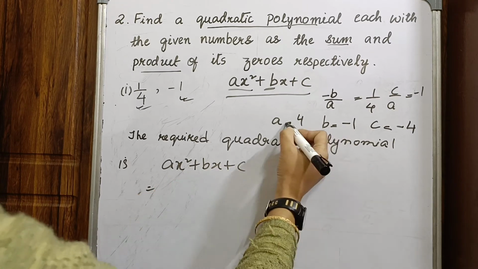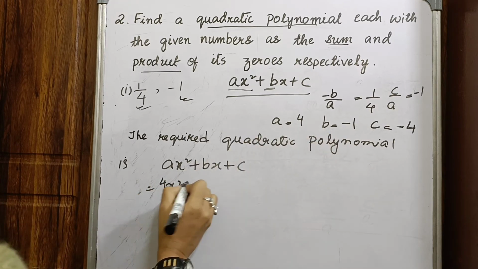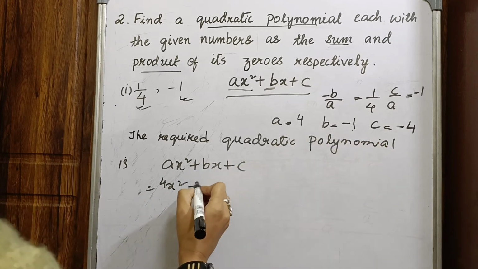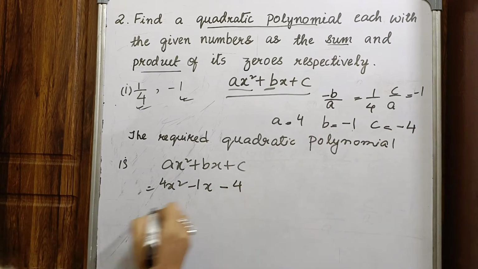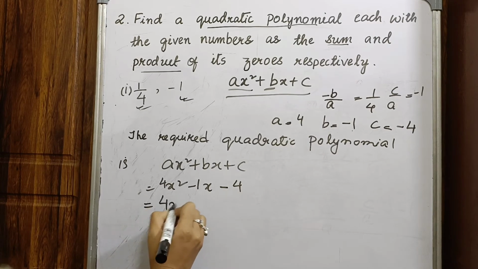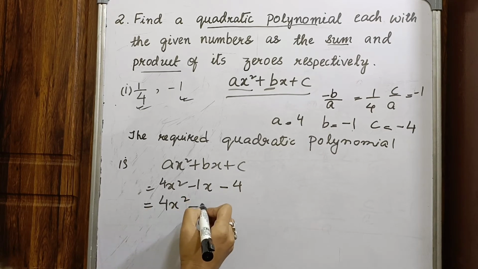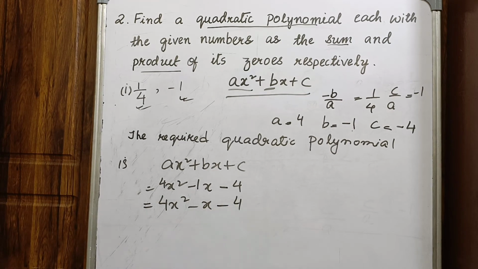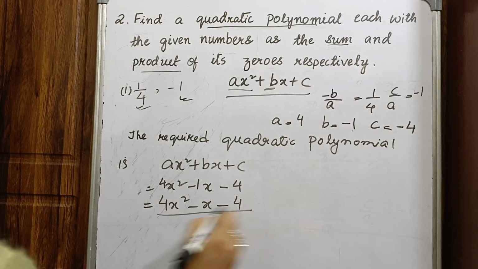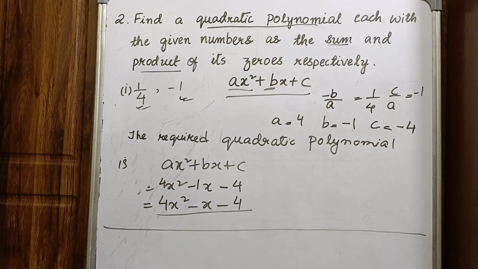What is a here? 4x square. What is b here? Minus 1x, and c is minus 4, which you can write as 4x square minus x minus 4. So this is the required quadratic polynomial of the sum and product of its zeros.